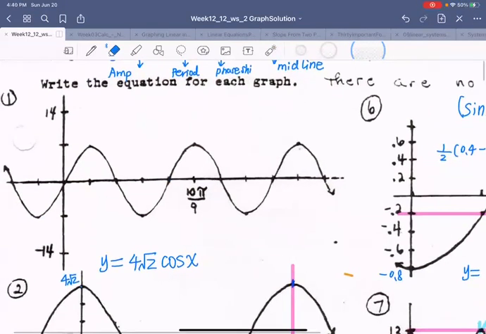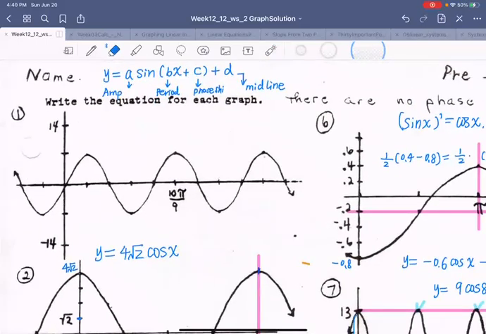Step 1, the midline is y equals 0, so there's no vertical shift. Step 2, the amplitude is 7 units, so A would be 7.